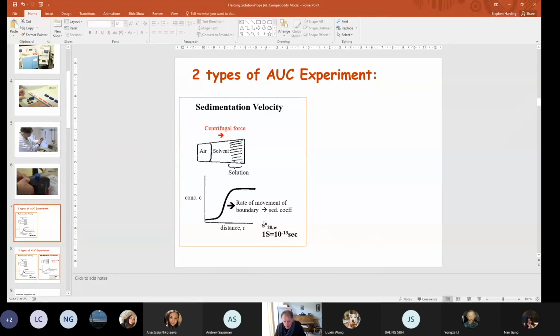The sedimentation coefficient, symbol S, means there's a correction for what we call non-ideal effects. We've standardized the comparisons to water as solvent at a temperature of 20 degrees centigrade.